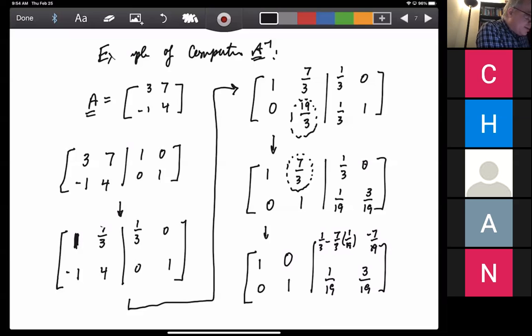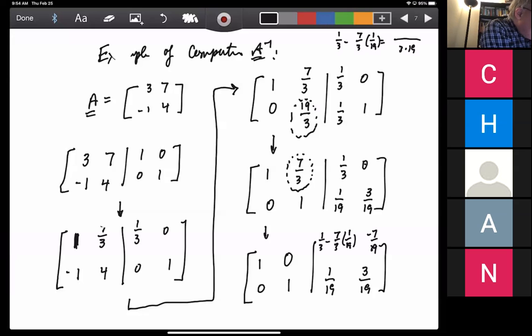I have to do a bit of arithmetic here, so let me just go up to the top. 1/3 minus 7/3 times 1/19. So 3 times 19 is my common denominator. Think of that 1/3 multiplied by 19 over 19.